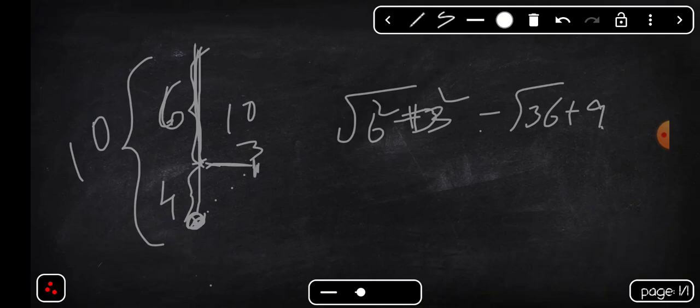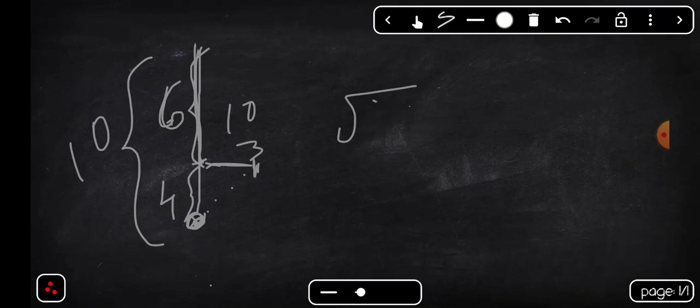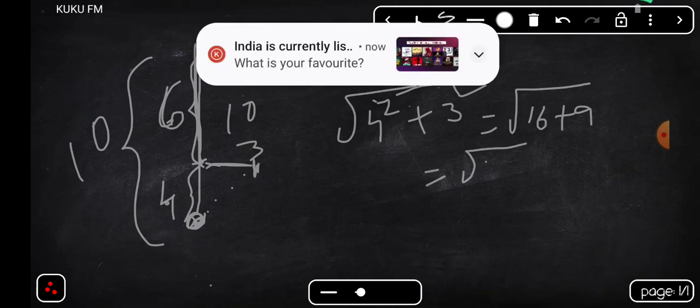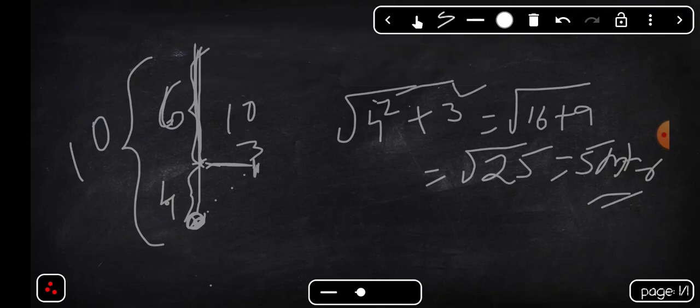Sorry, it is not 6, it is 4. That means root of 4 square plus 3 square, root 16 plus 9, that means root 25, that means 5 meters. The distance is 5 meters.